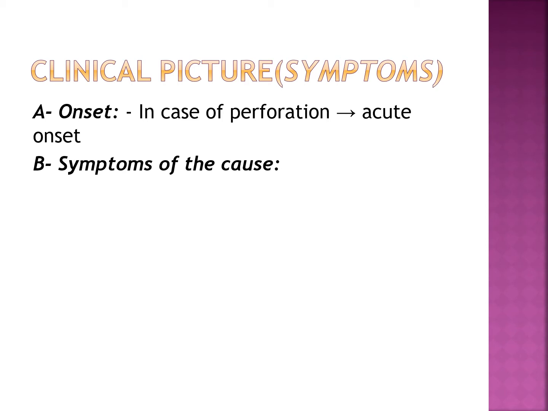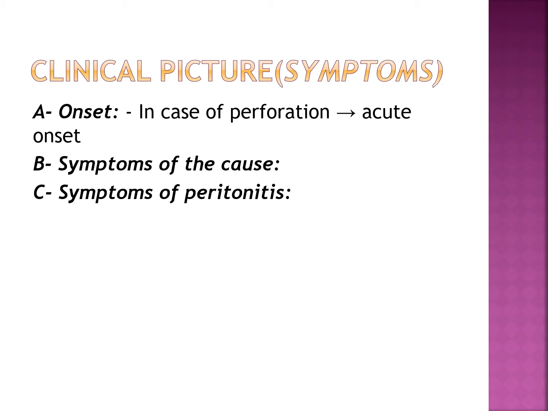Of course, symptoms of the cause: history of peptic ulcer disease if a perforated gastric or duodenal ulcer is the cause, symptoms of acute appendicitis since few days if a perforated appendix is the cause of the acute generalized peritonitis. And then symptoms of peritonitis, which are almost identical in any case of peritonitis.